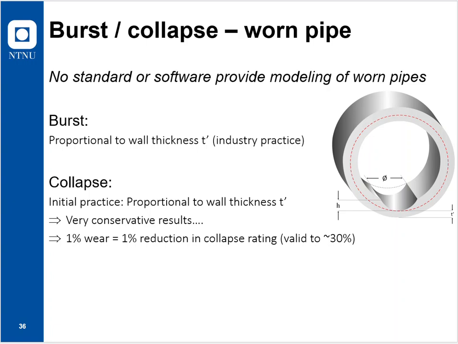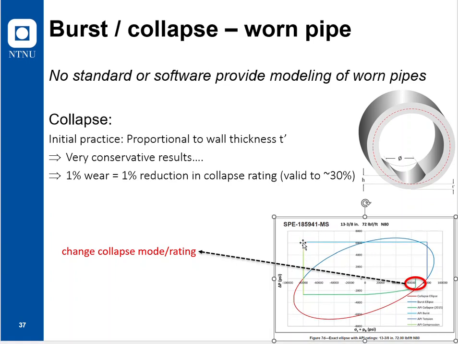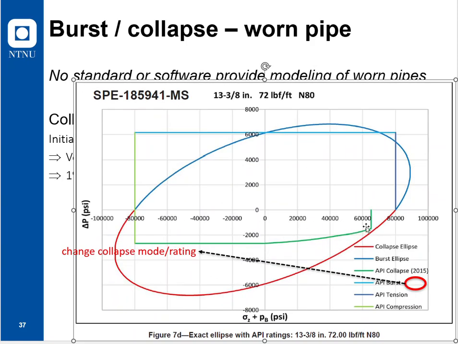Of course, at NTNU we were not happy about it, and we had to do something about it. Here is the drawing again of the effect that you change mode.